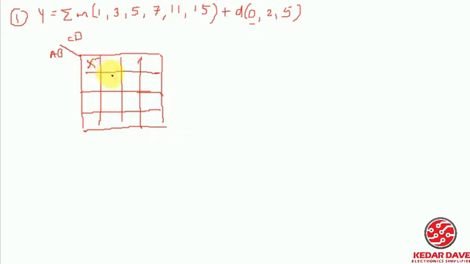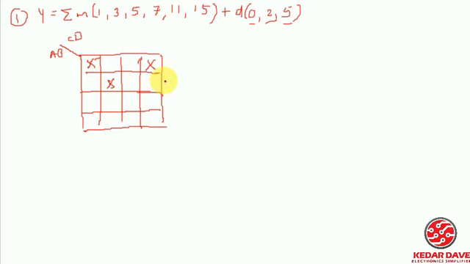And the second is 2, so we will mark a cross over here also, and we will mark a cross at this place. So all the 3 places are marked as cross.